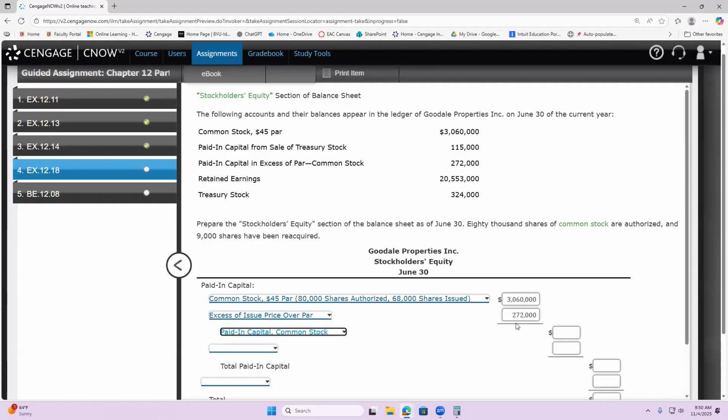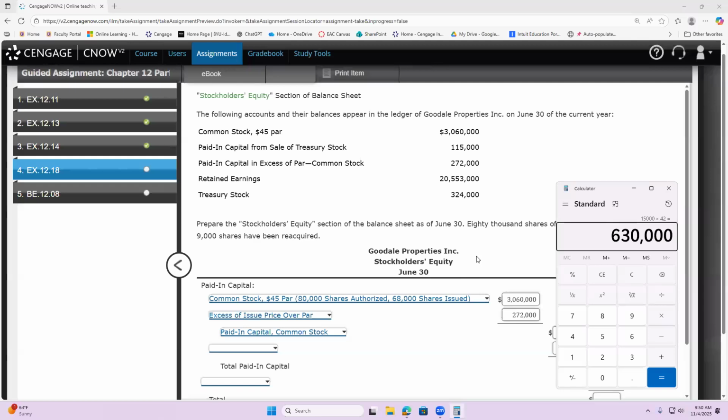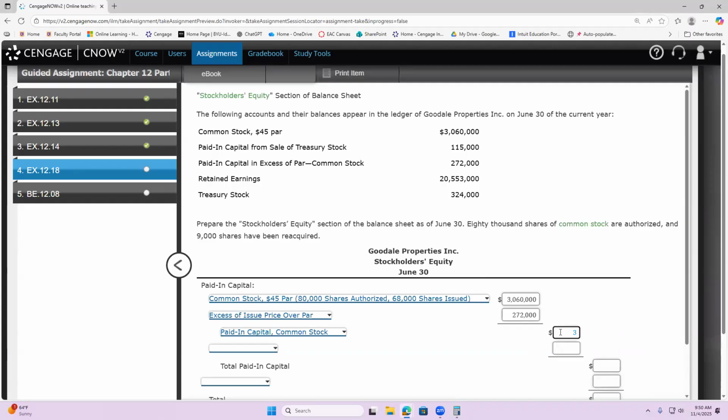No. I should just get out my calculator and do it. I'm trying too hard to do it in my head. There we go. 3,332,000. That's the paid in capital from common stock.